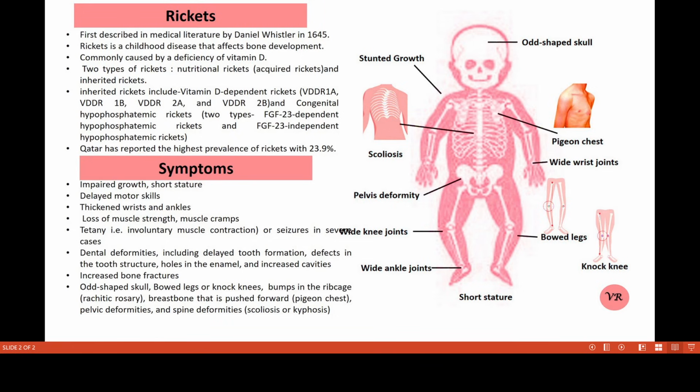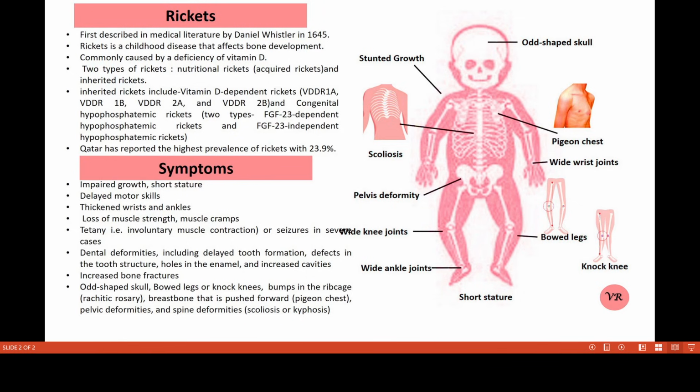Based on the biochemical profile, rickets is classified into calcipenic rickets, phosphopenic rickets, and rickets due to inhibited mineralization. First, deficiency of calcium results in calcipenic rickets, and vitamin D deficiency is the most common etiology for calcipenic rickets.